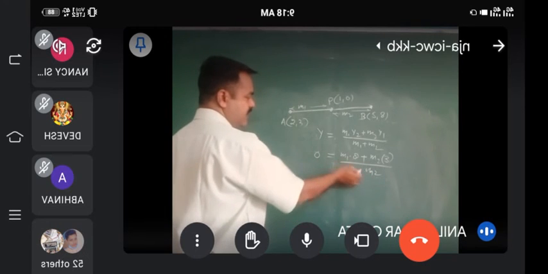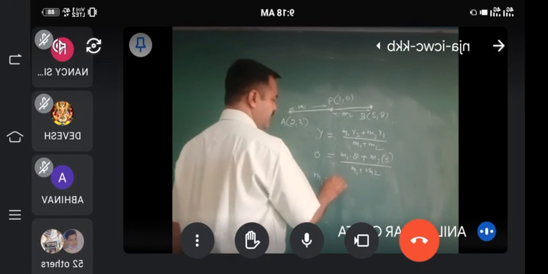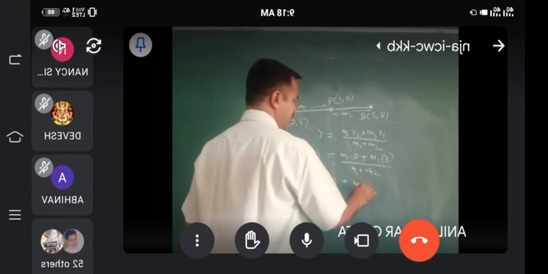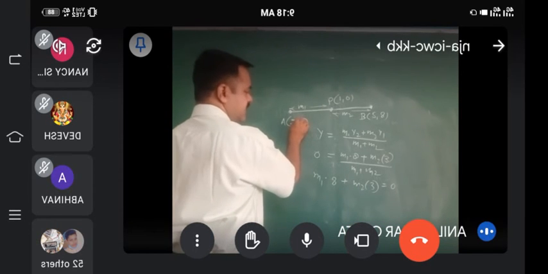Clear? Now do the cross multiply here. So this will be M1 into 8 plus M2 into 3 equals 0, because M1 plus M2 equals 0. Just take this as minus 3.